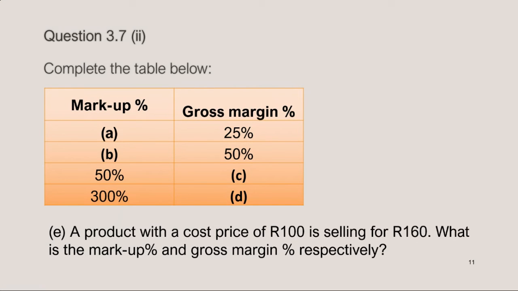Now, if we want to work out the markup percentage, we said markup percentage is the profit percentage over the cost price percentage. Based on that formula and the information we've worked out so far, what is the markup percentage?